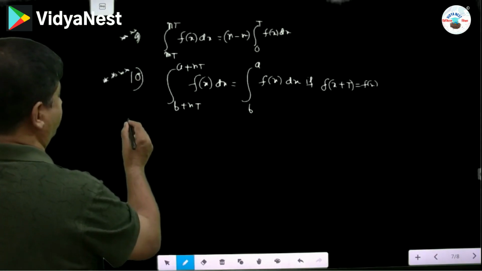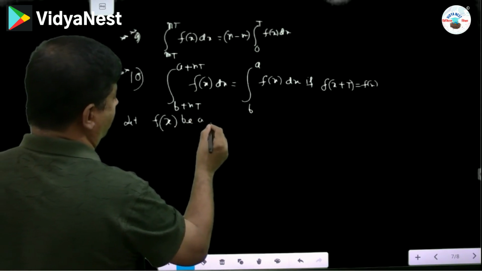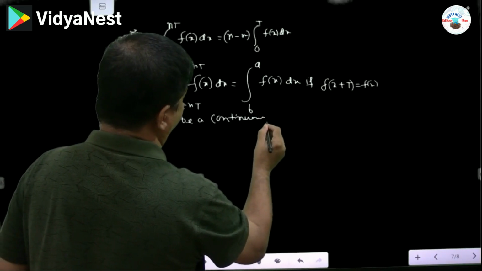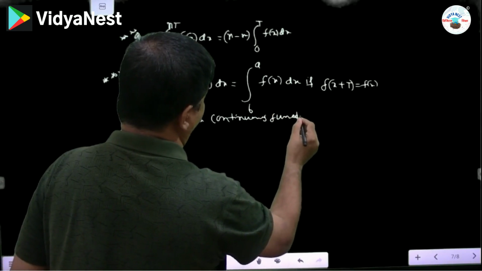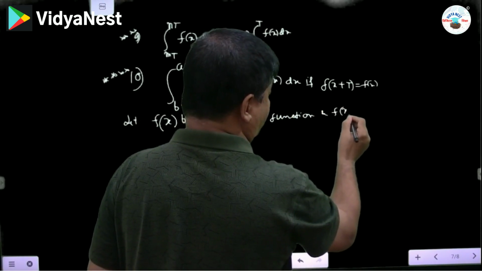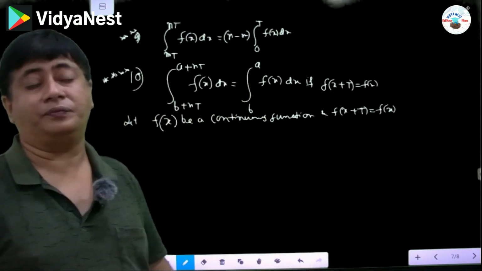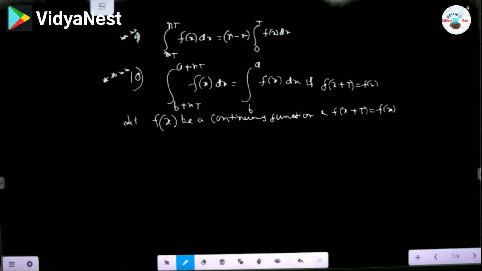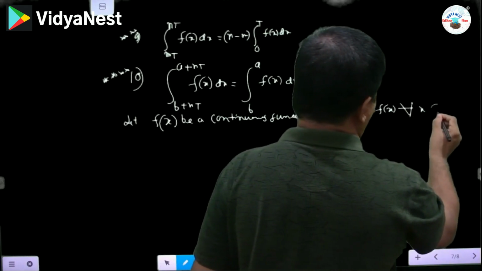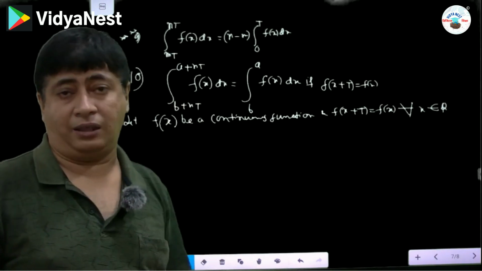The sum is: let fx be a continuous function and periodic also with period T, for all x belonging to R. So one statement is given like that, and that is a condition.